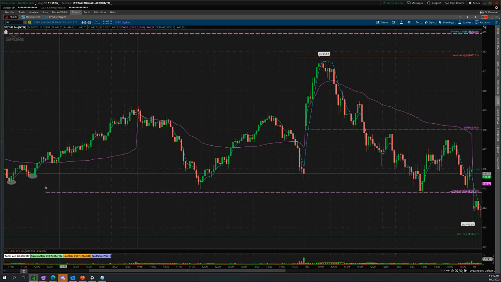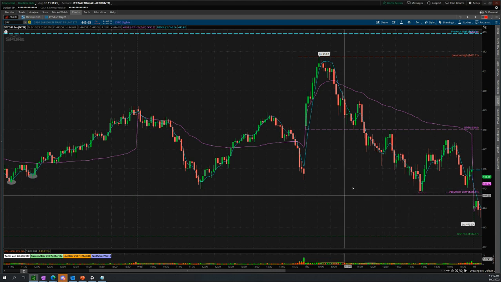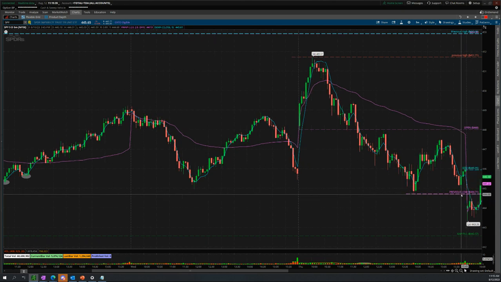Price bounced off it multiple times. So this was a very strong demand zone I was looking to play longs off of, but price broke below it. Now, I did not take this trade short in the beginning of the day. I'm actually pretty surprised I didn't, but price then rallies up past it, right?